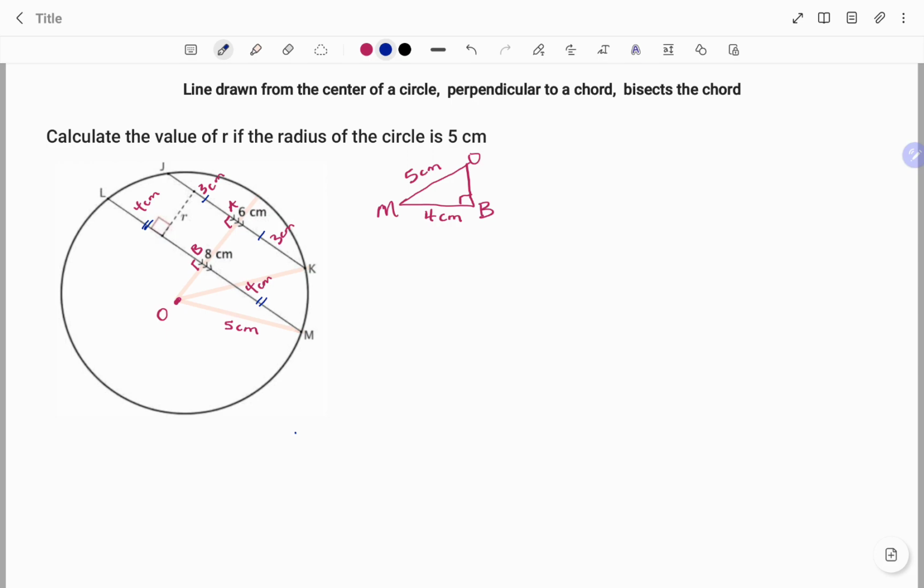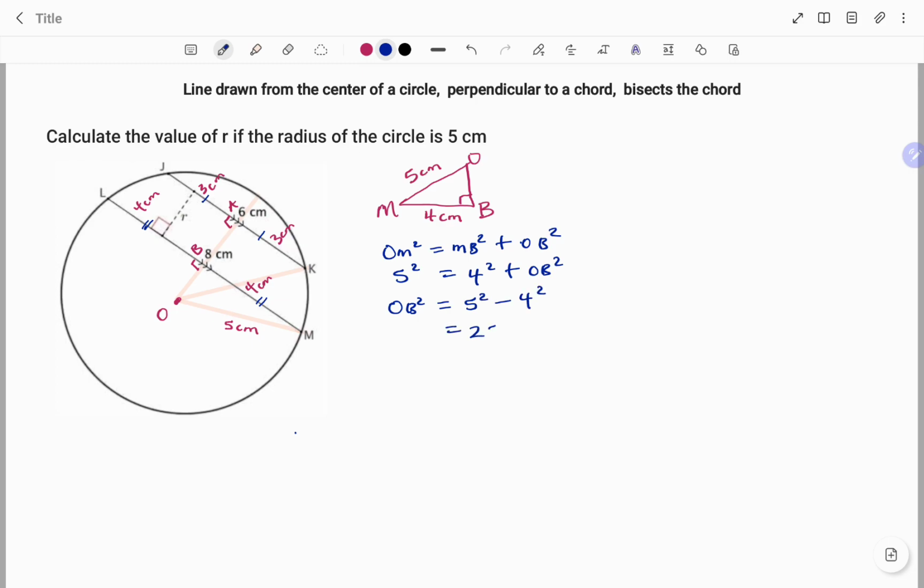Therefore, using the Pythagoras theorem, the line OM squared, which is the hypotenuse, equals the sum of squares of the other two lines, that's MB squared plus OB squared. OM as given is 5 squared equals MB squared, that's 4 squared, plus OB squared. Making OB the subject of formula, I have OB squared equals 5 squared minus 4 squared.